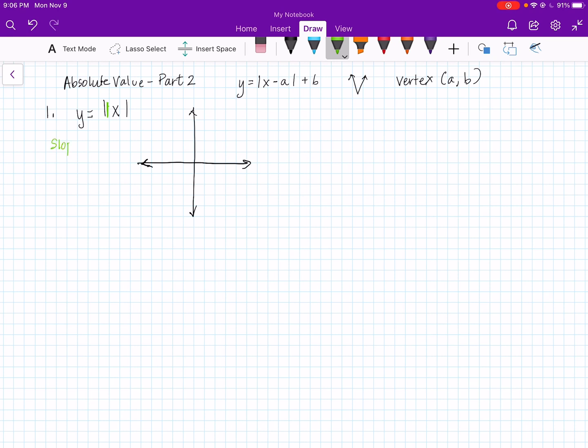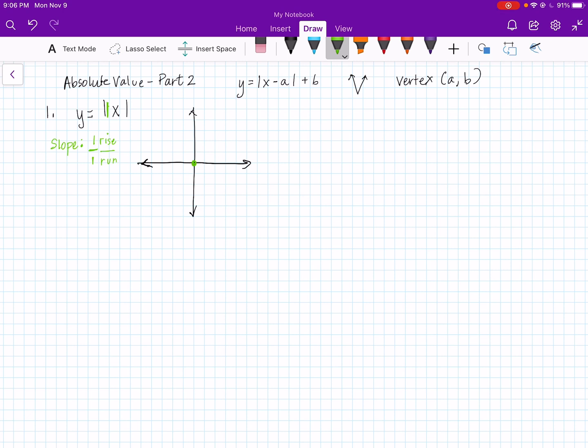So the slope is this time 1. Now, if I have to make it a fraction, of course, I can put a 1 under it. So that means I'm going to rise 1 and I'm going to run 1. Now, the vertex for this one starts at (0, 0).